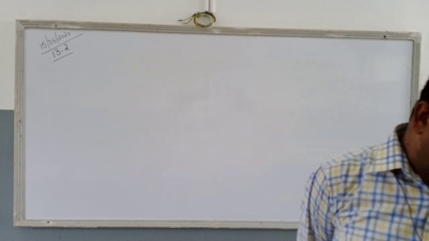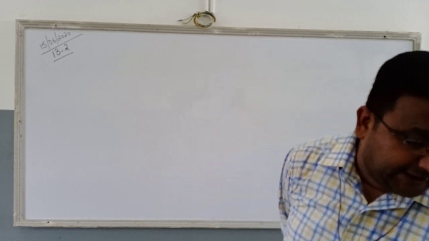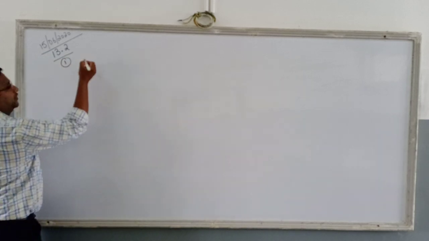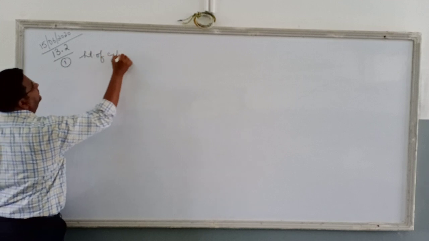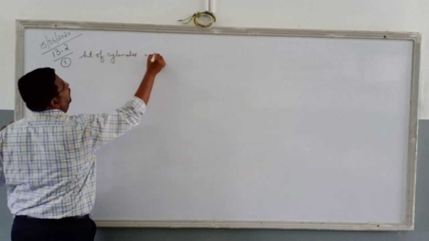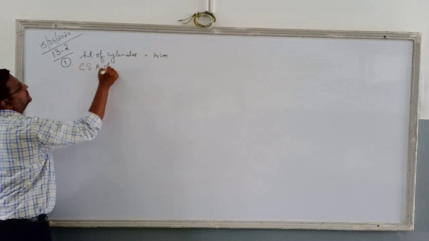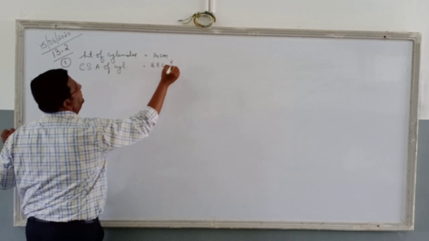The curved surface area of a right circular cylinder of height 14 cm is 88 cm square. What are the things given to us? Height of cylinder, that is 14 centimeter, and curved surface area of cylinder is given to us, that is 88 centimeter square.